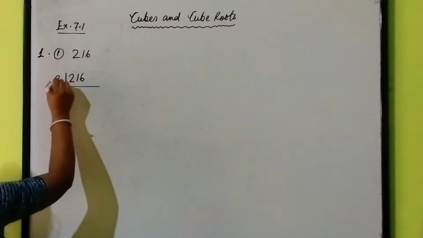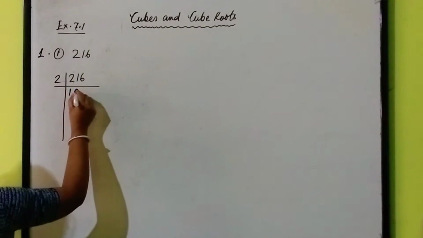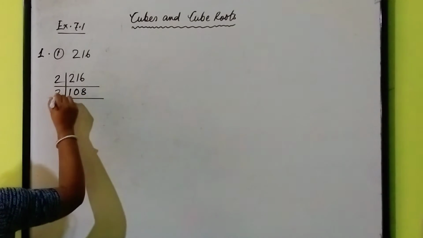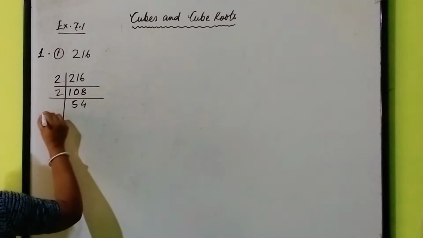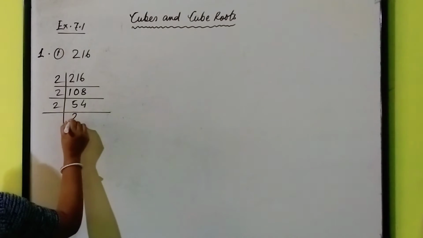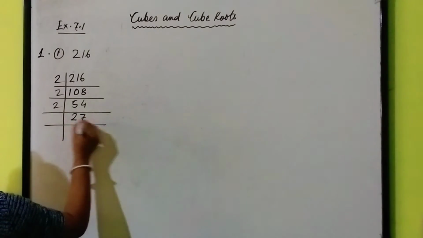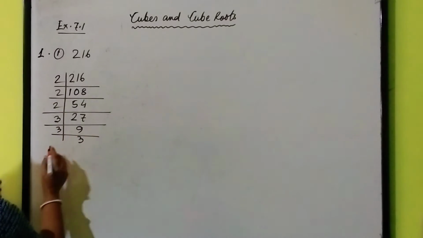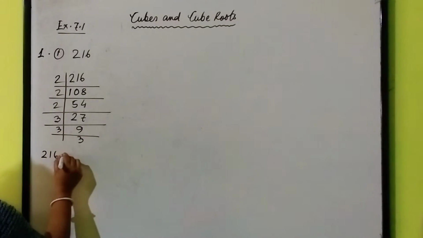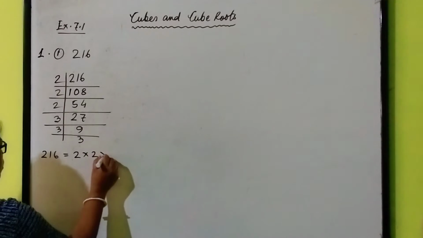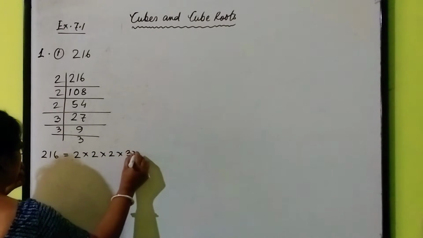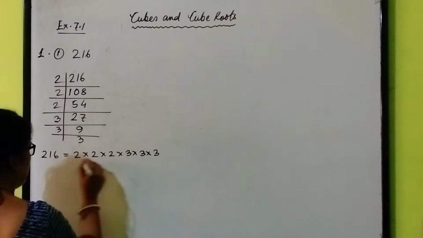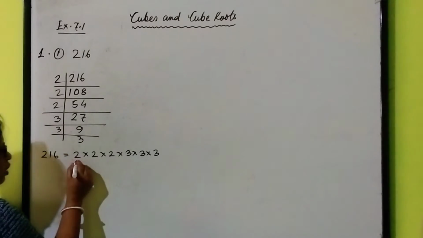What to do? See, 2 1s are 2, 2 8s are 16. Then 2 5s are 10, 2 4s are 8. Then 2 2s are 4, 2 7s are 14. Then 3 9s are 27, 3 3s are 9. So what are the factors of 216? In the square roots we made pairs.